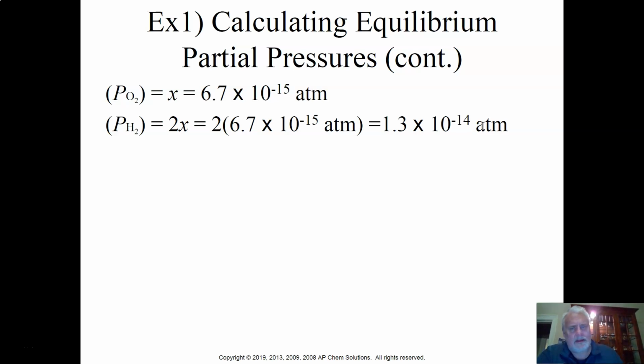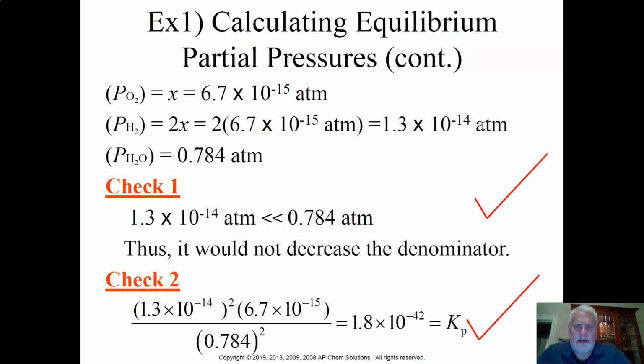And that is definitely something that you can do. Oh, and then the partial pressure of the water is not going to change significantly according to what we have here. I mean, it would be 0.784, 0.0000000 something, but that's useless to write because significant figures say you don't have to do that.